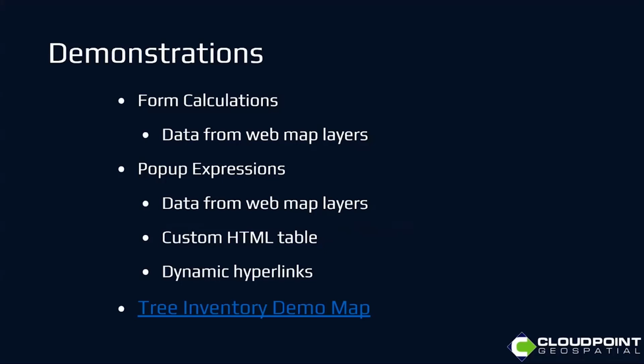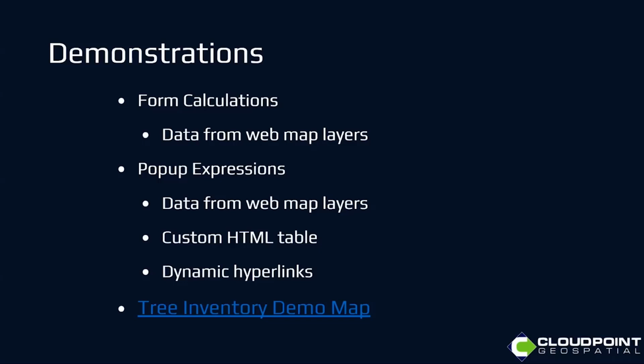So what I want to focus on today is the new form calculations you can do in the new web map viewer. It's map viewer now, but for those of us that have been around, it is the new one.